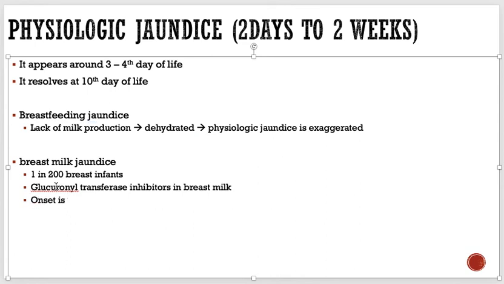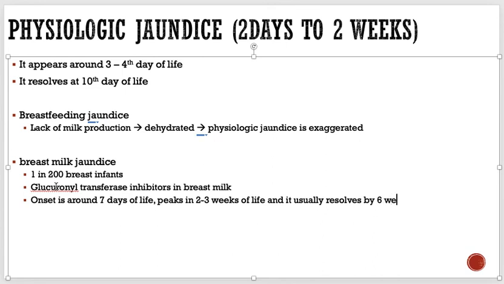Onset is around 7 days of life. It peaks in 2 to 3 weeks of life, and it usually resolves by 6 weeks of life. Previously, when doctors suspected that the baby may have breast milk jaundice, they asked the mothers to stop feeding.